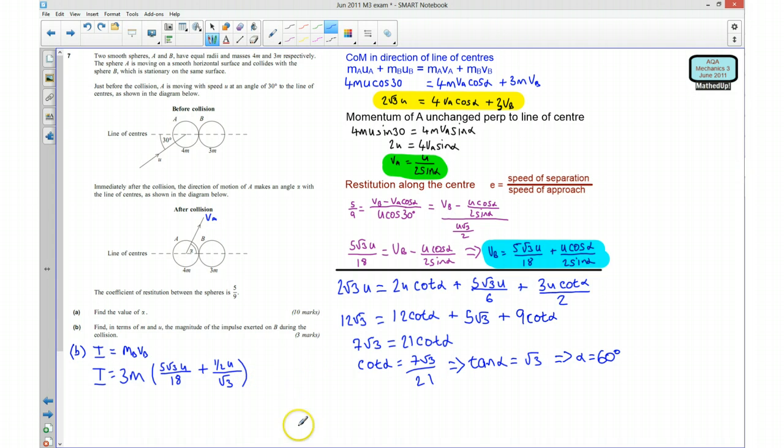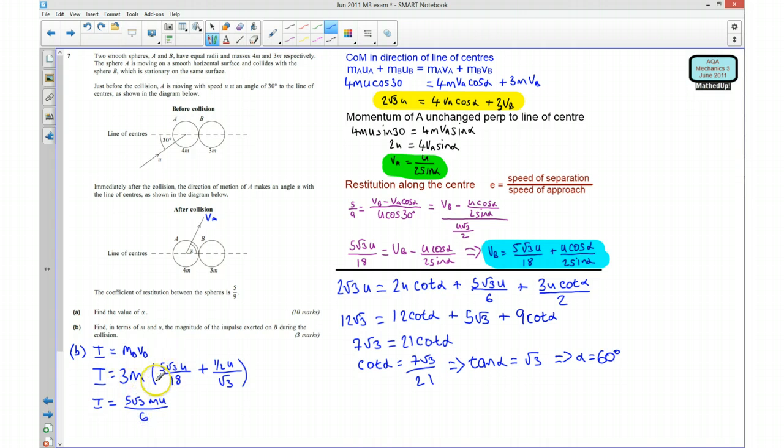Okay, so that's going to be equal to, right, so that's going to be 5 root 3 m u. So 5 root 3 m u over 6.